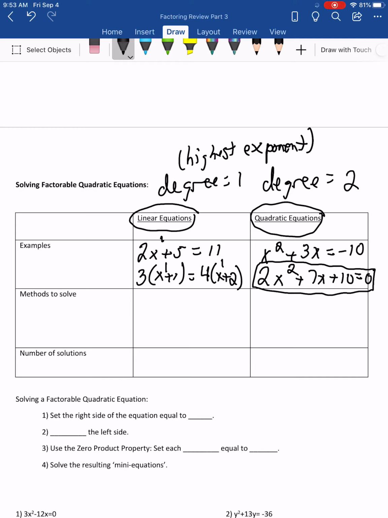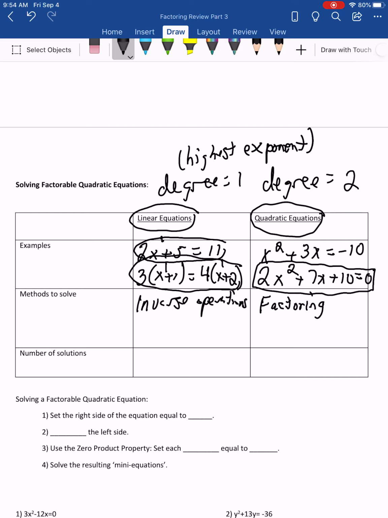So methods to solve. How did we solve a linear equation? We used inverse operations. All right, so like in this equation over here, we would of course subtract 5 from each side. On this equation, of course, we distribute out, get rid of the parentheses, and then subtract things from each side. You know the drill. For quadratic equations, we solve by factoring.